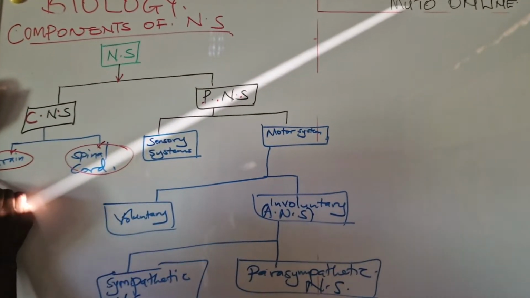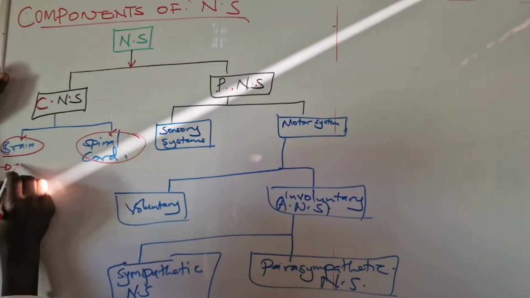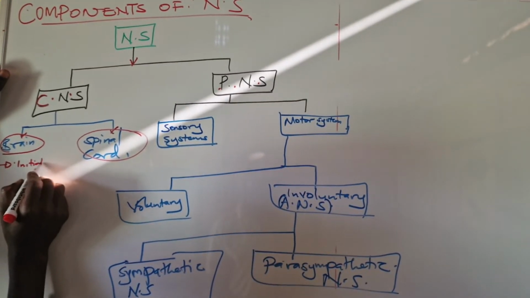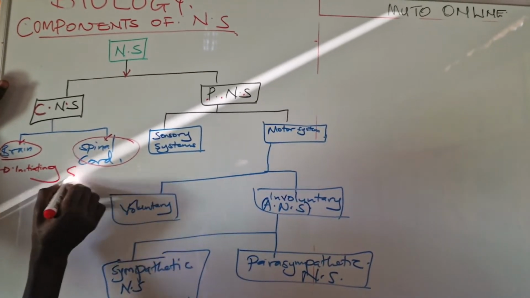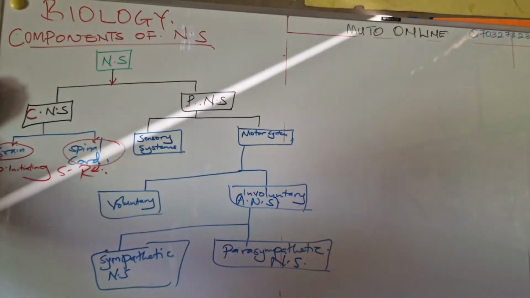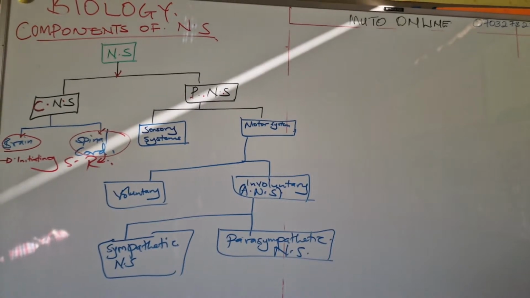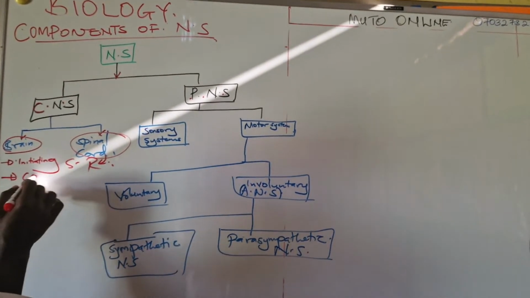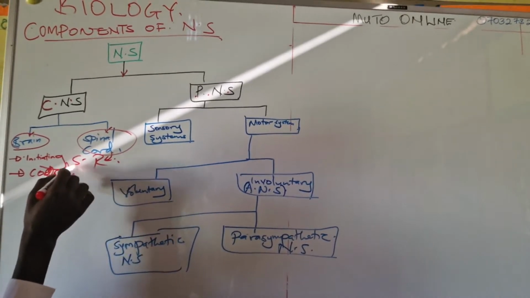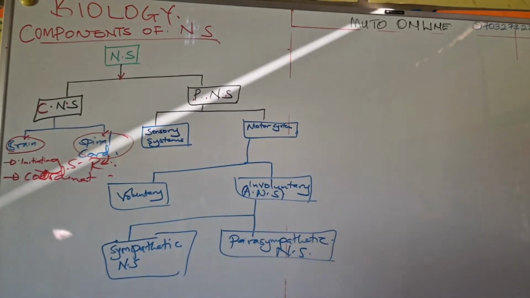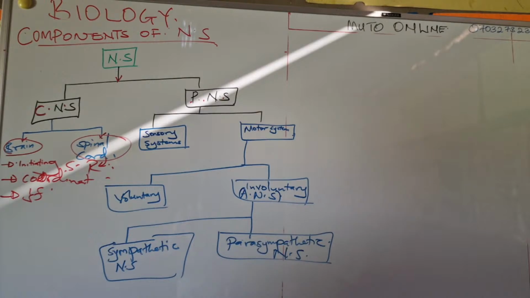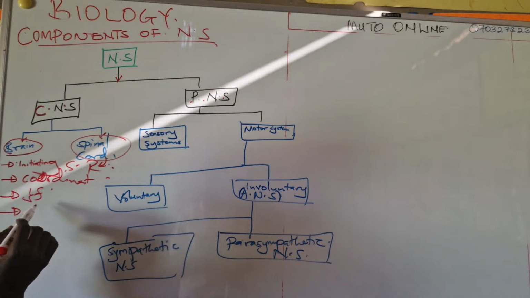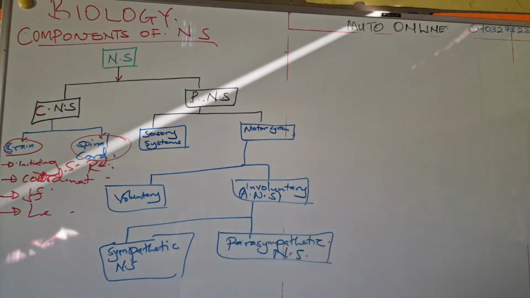It serves the major function of initiating simple reflexes, for example, the spinal cord, coordinating all responses. We shall find that the brain stores information. We shall find that the brain is the center for learning and so many other things.